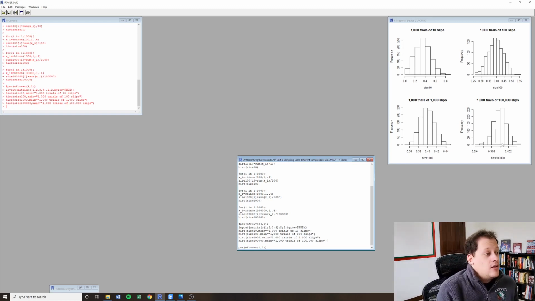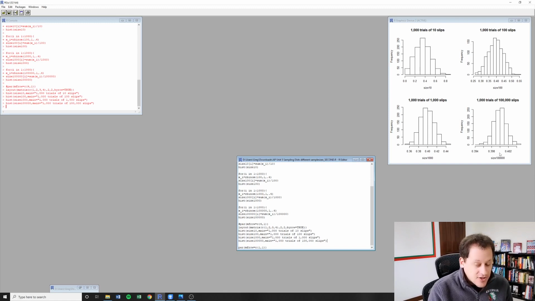But the shape that you're going to see is probably close to what you've got here, where it's going to be a roughly normal shape. It's going to have a mean proportion that is equal to the population mean. And the more of a sample size you take, the smaller your spread is going to be.